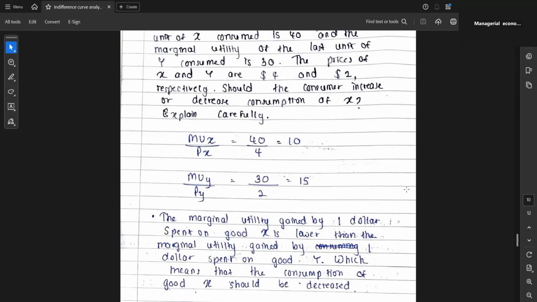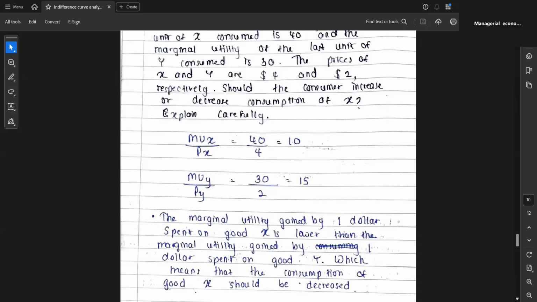That means the consumption of good X has to be decreased because the utility per dollar of good Y is higher. The marginal gain from $1 spent on good X will keep on decreasing if we increase the consumption of good X. So we have to decrease it to come to a level where $1 spent on each of the products is equal.